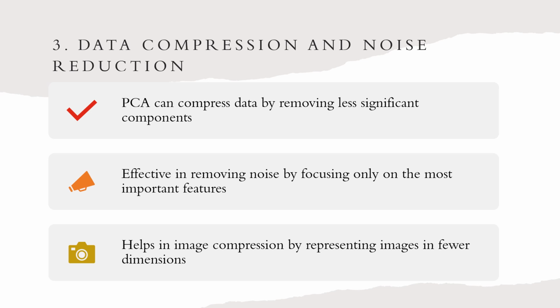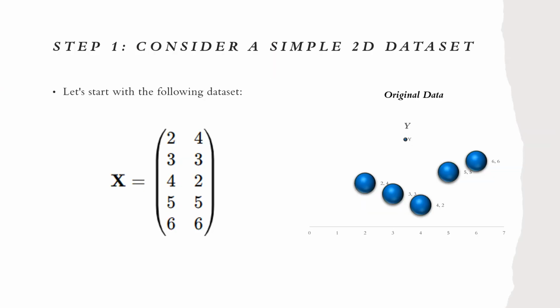So you can leave the higher principal components to reduce the dimensionality of your data. First we'll do the calculation, then you'll come to know how PCA reduces the size of data. Now, let's take an example of a 2D data set. I have five different values of my data.